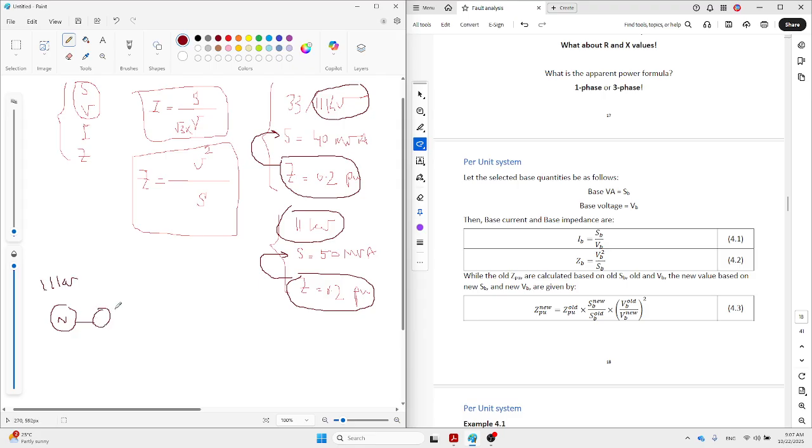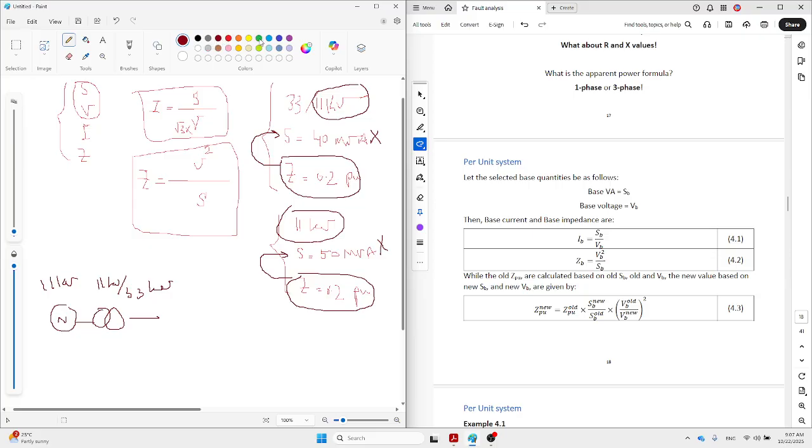It's connected to this transformer, which is 11 kV to 33 kV. So for this problem, we have to put both per unit impedances of the given components on the same reference, correct? Right now the reference is different. This is not the same as this. So what should we do?